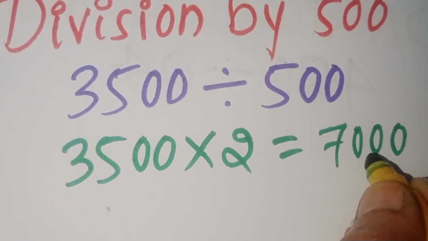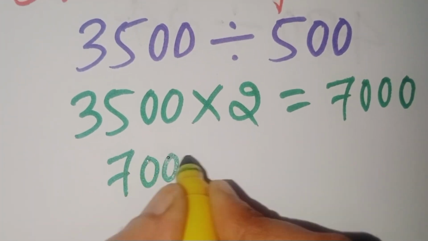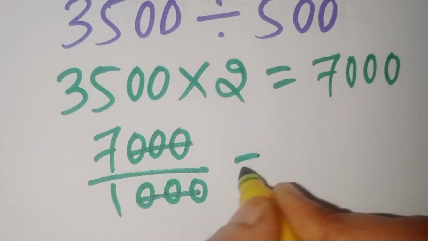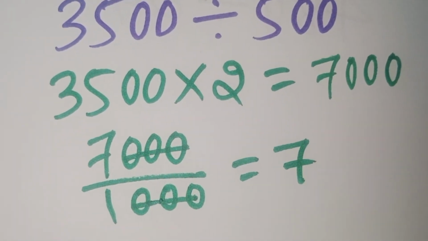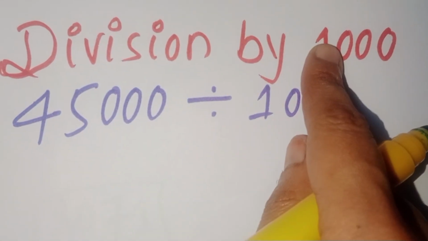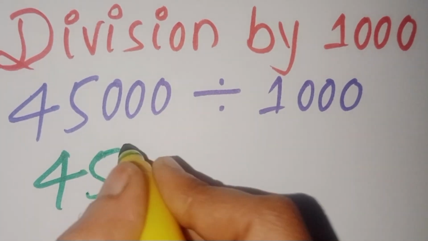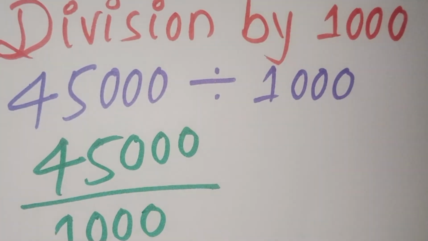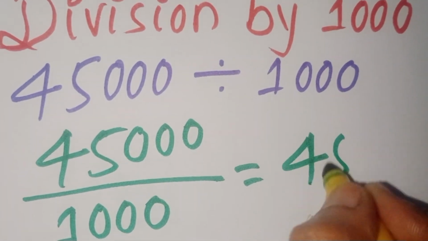Divide this result by 1000. So the answer is 7. Division by 1000. 45,000 divided by 1000. We get 45.